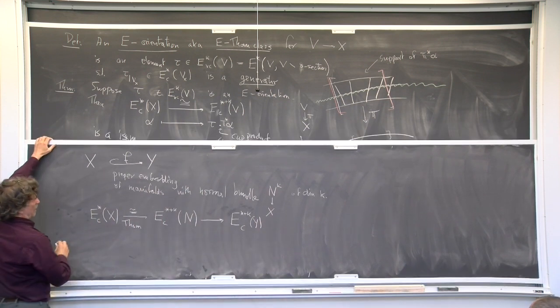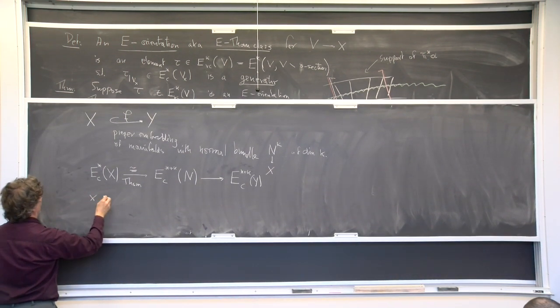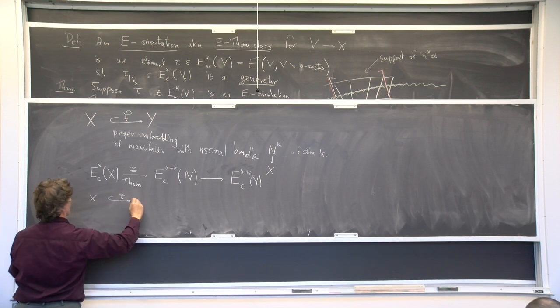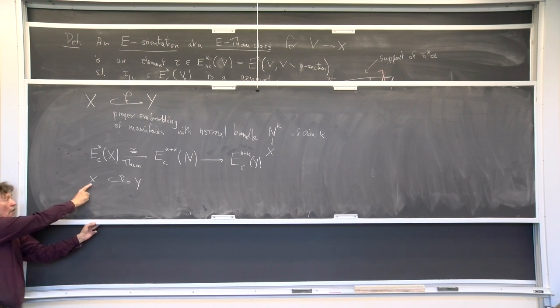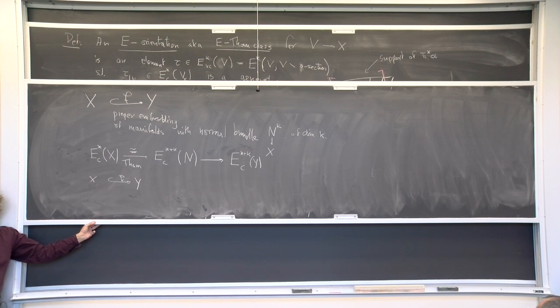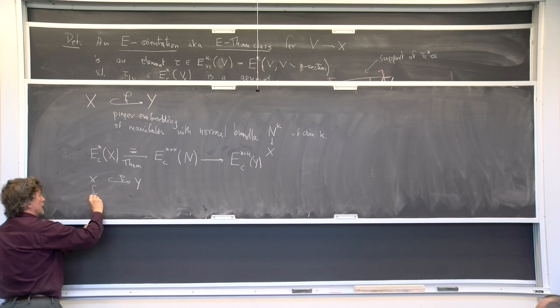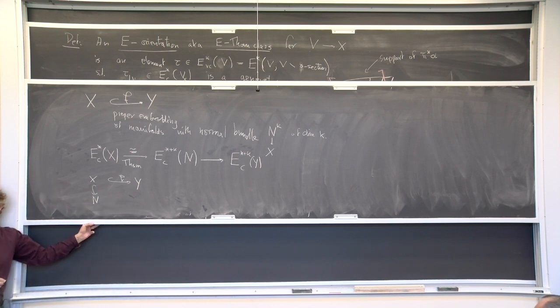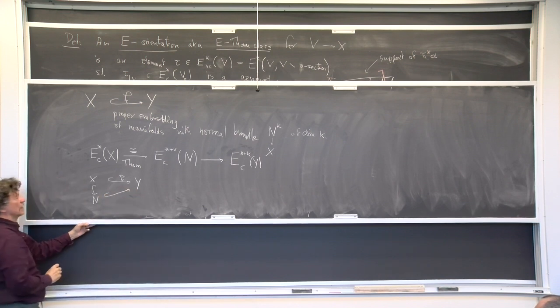since, well, you can identify it like this. You have the original embedding of X into Y. Now, the tubular neighborhood of X inside Y can be identified with the total space of the normal bundle, right? That's the tubular neighborhood theorem. And so that is saying that X sitting inside N as its zero section can be extended to an embedding of this bigger thing.